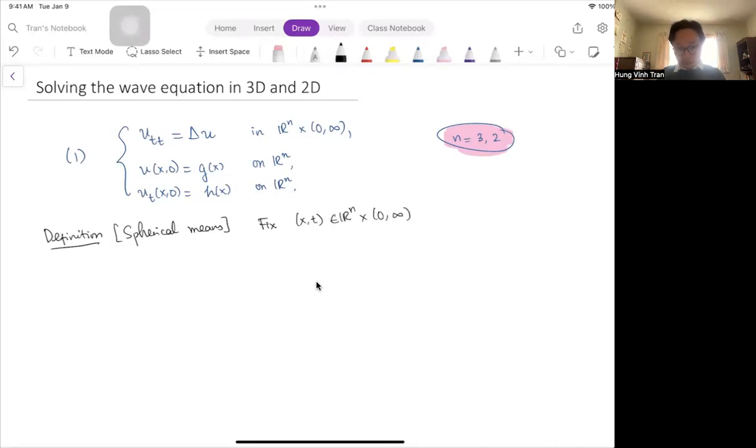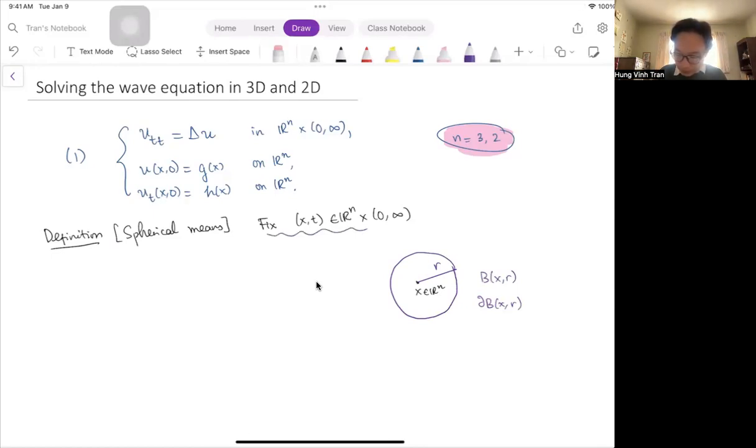Think about it this way: if you are given a point x in R^n, think about a wave propagating with speed 1 after an amount of time r. It can propagate within the ball of center x, radius r, and the sphere around it is the sphere of center x, radius r. And that leads us to the definition.